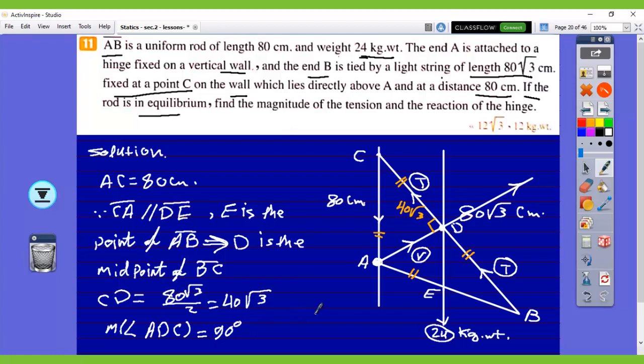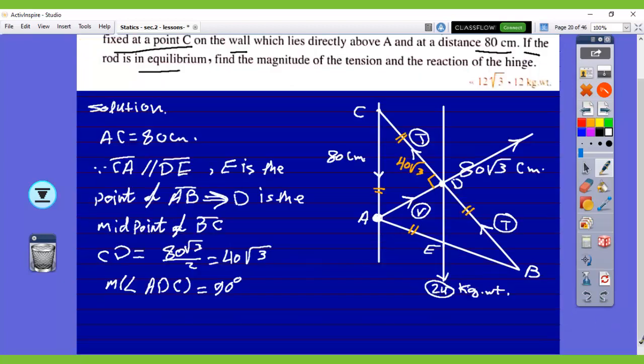So what is the length of AD? AD, using Pythagoras theorem, equals the square root of AC squared minus CD squared, because AC is the hypotenuse of triangle ADC.